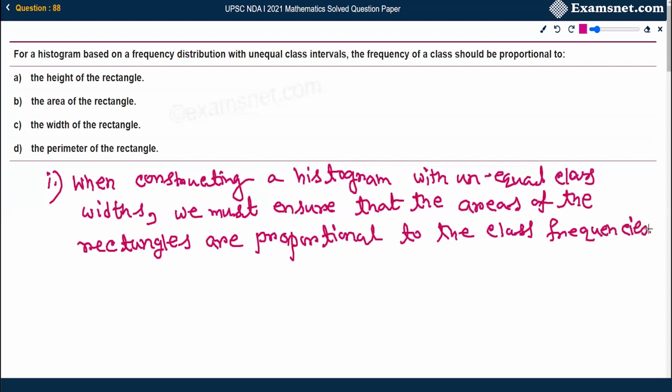So what I have written: when constructing a histogram with unequal class widths, we must ensure that the areas of the rectangles are proportional to the class frequencies.